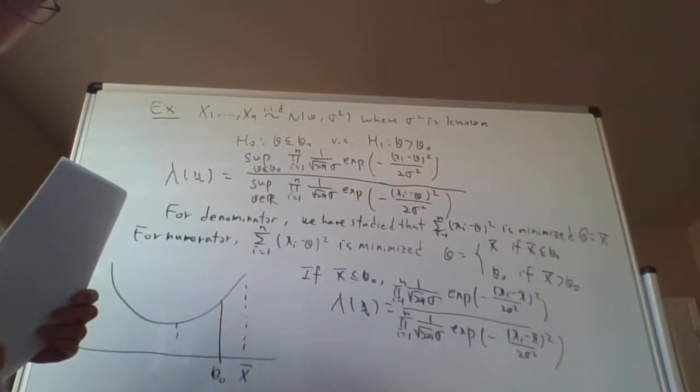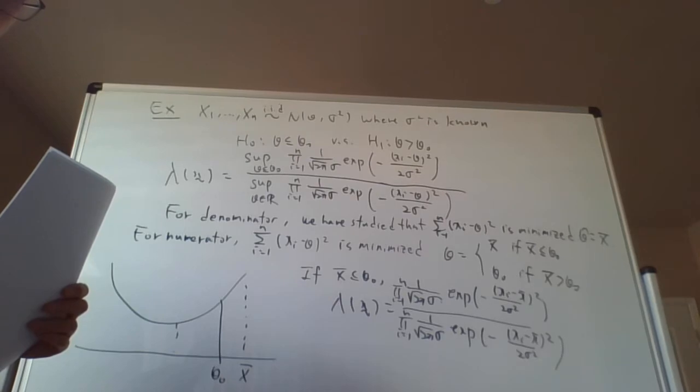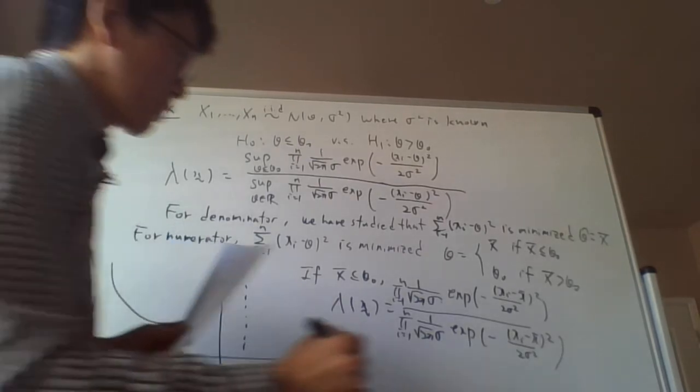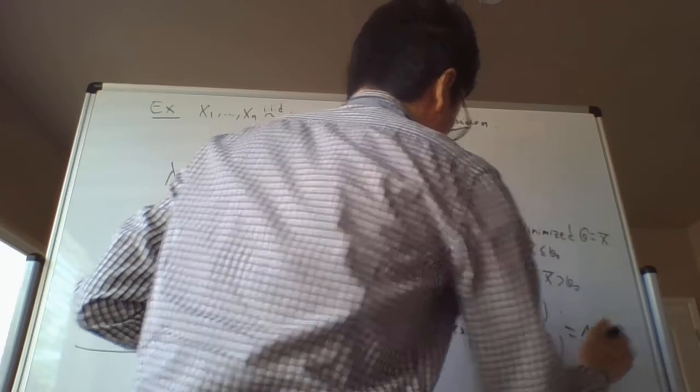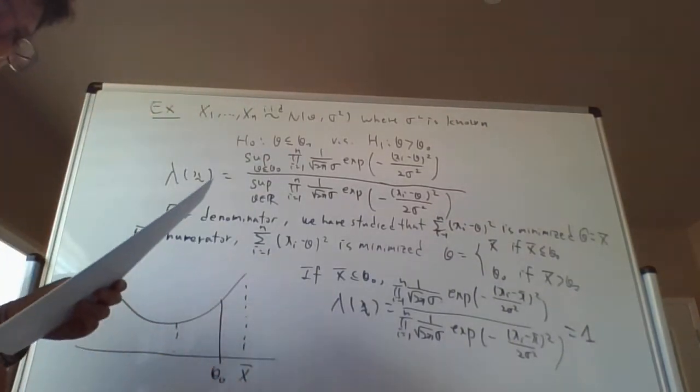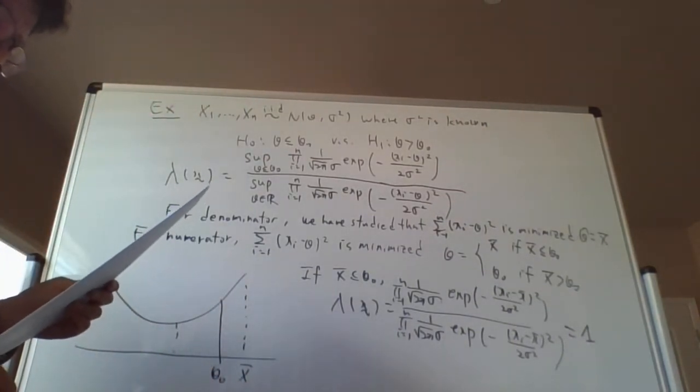So we have the same minimizer in here, and that's why we get the 1, when x bar is less than or equal to theta 0.